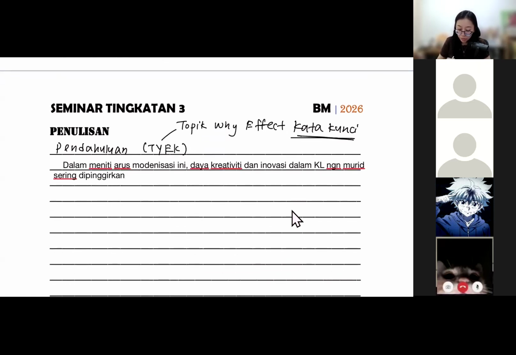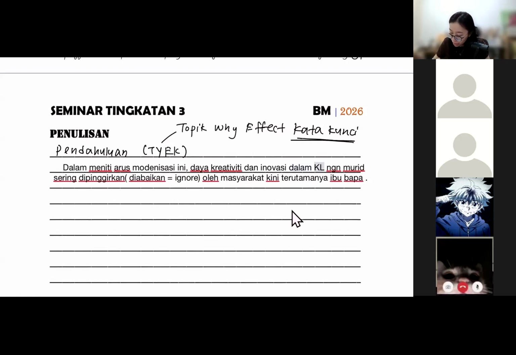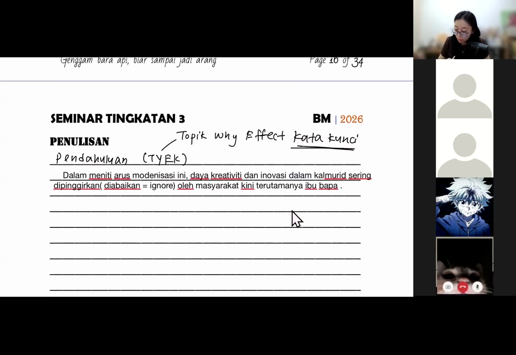Dipinggirkan means diabaikan, which is ignore. Oleh masyarakat kini, terutamanya, especially, ibu bapa. Now, why are they, sorry, this one type, dalam kalangan. If you see I type wrongly, you tell me, because sometimes I didn't realize I typed wrongly.